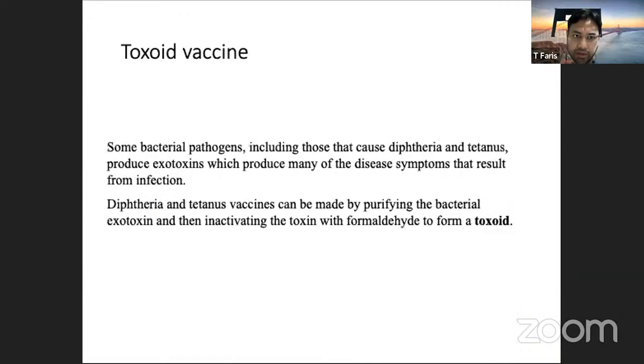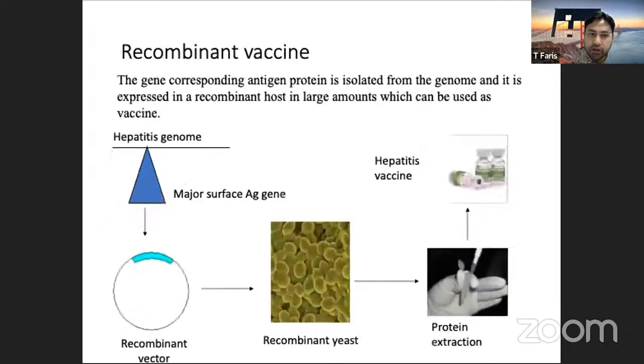Okay, toxoid vaccines. Some bacterial pathogens, including those that cause diphtheria and tetanus, produce exotoxins, which cause many of the disease symptoms that result from infection. Diphtheria and tetanus vaccines can be made by purifying the bacterial exotoxin and then inactivating the toxin with formaldehyde to form a toxoid.